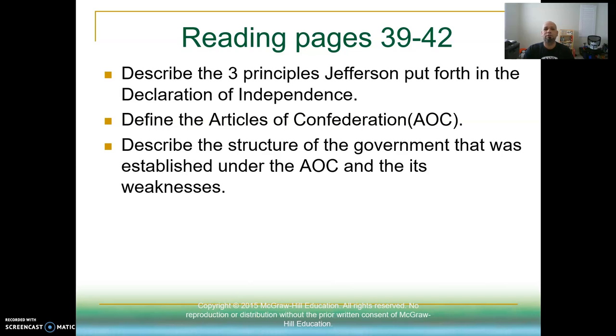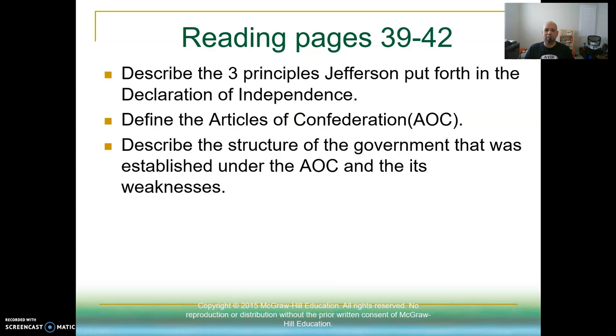The next thing you have to do is describe the structure of the government that was established under the Articles of Confederation. You're also going to have to talk about its weaknesses. Before the United States of America existed, we were the Confederated States of America. So for a short period of time, from 1776 until 1789, we didn't have the United States of America.